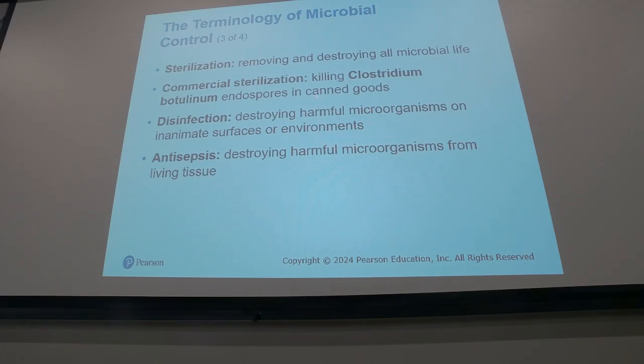Now, some canned goods contain endospores of an anaerobe, and these anaerobes can grow inside the cans, because remember, when you can a good, you seal the can, and that leads to anaerobiosis.